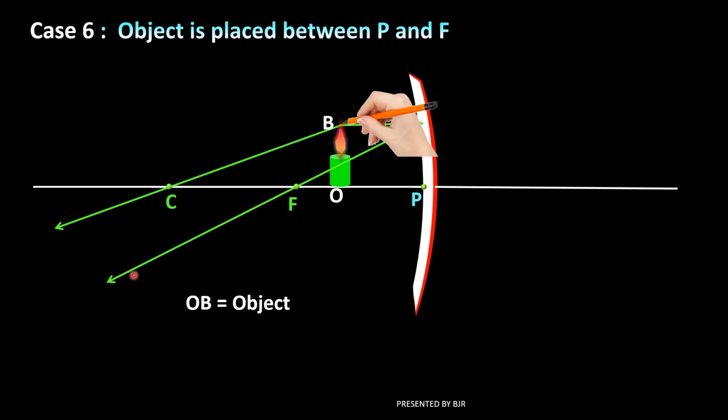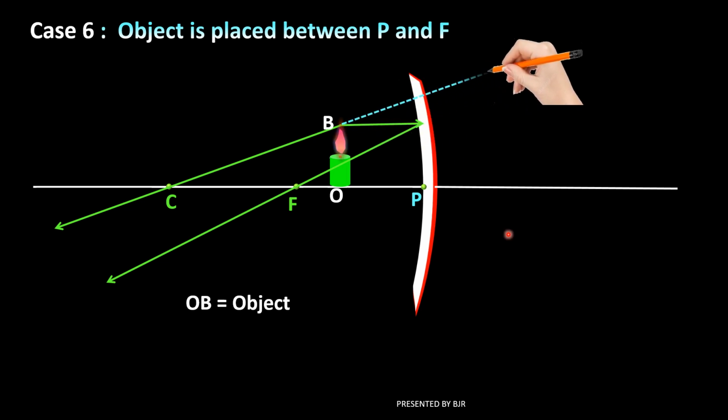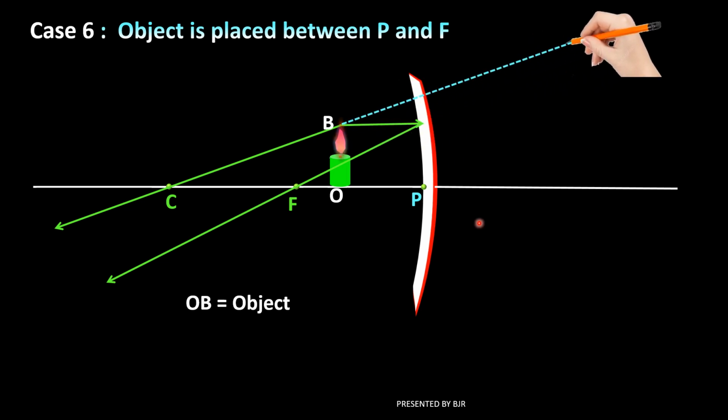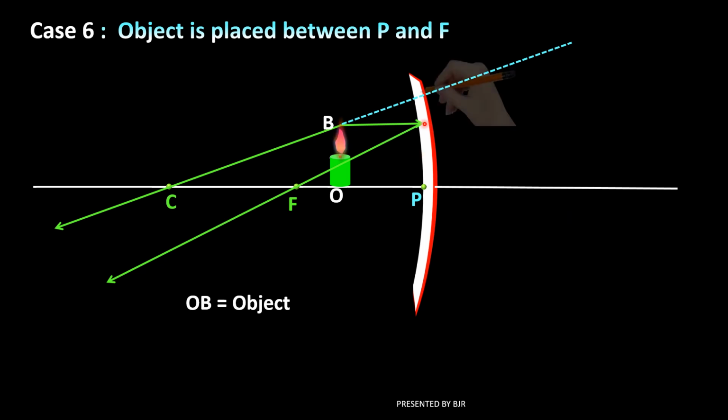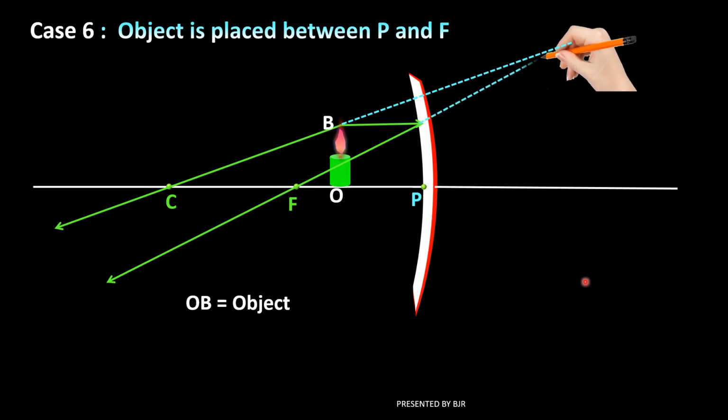They do not intersect. At that time, what we have to do? We have to extend them backwards. See here. I have extended this reflected ray backwards, and I will also extend this reflected ray backwards. That means I am drawing the extensions of the reflected rays.